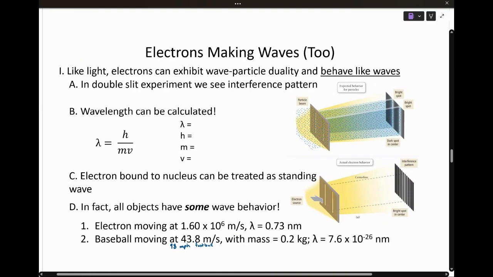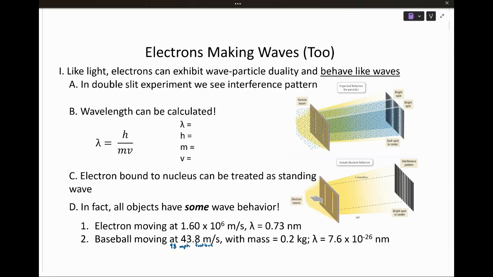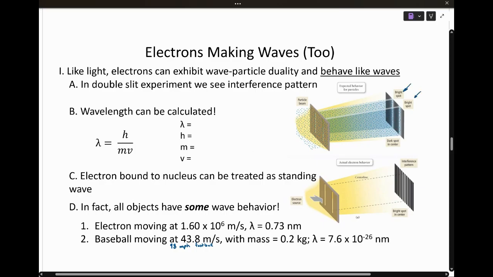And so the first little aha moment here is that when we look at electrons and we shoot them at a double slit, like we did for light, what we would expect, if electrons behaved just like a particle, is that it'd be like we're shooting a huge collection of baseballs blasted out of a cannon at two slits, and we'd expect to have two points or two lines where the electrons end up hitting a wall.